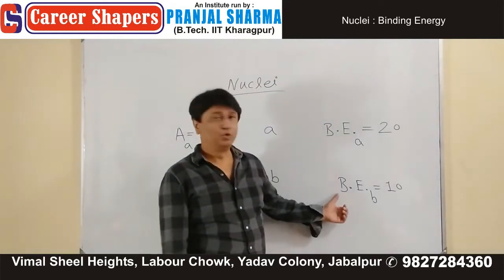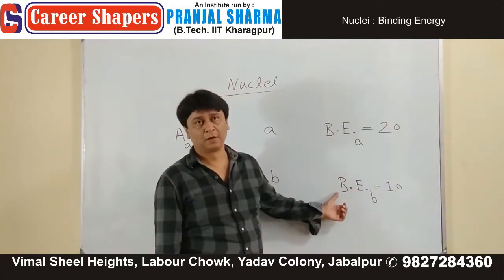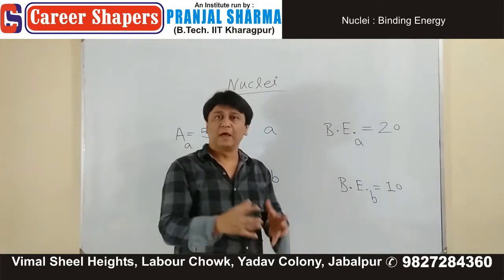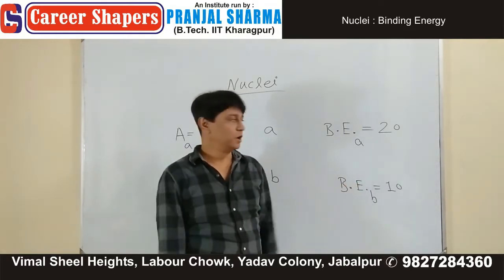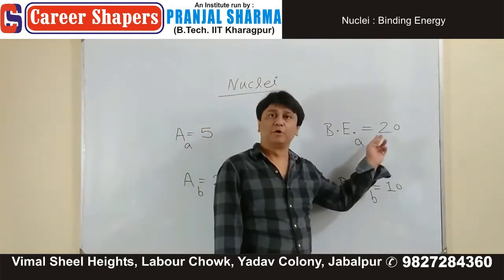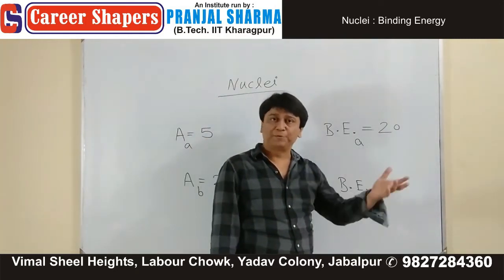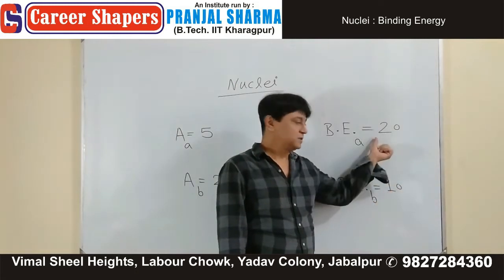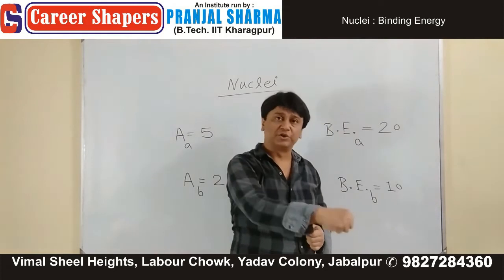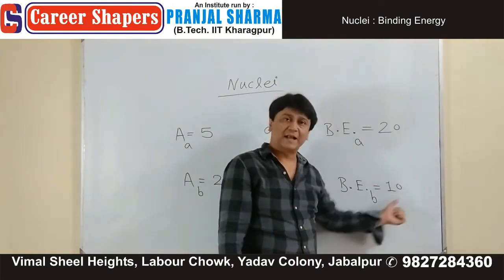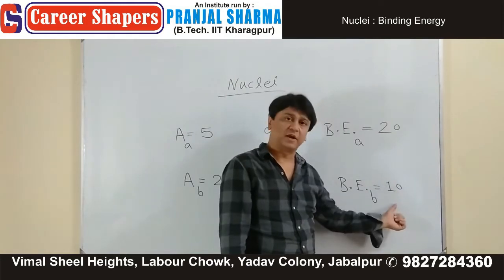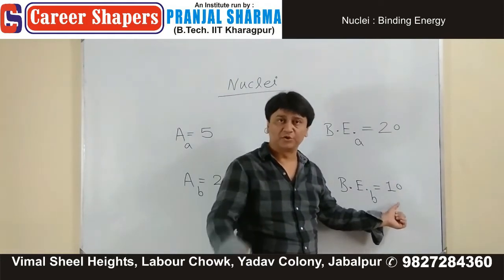Whereas for nucleus of B, if you give it only 10 joules, you can separate the nucleons, and it's easier to give 10 as compared to 20. So the perception is that this is more stable. It needs more energy. This needs less energy. You can easily break this with 10 joules of energy.